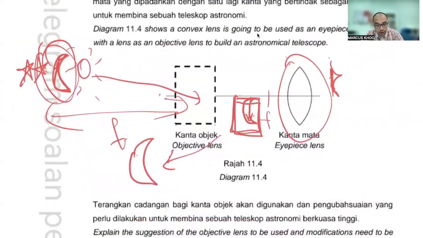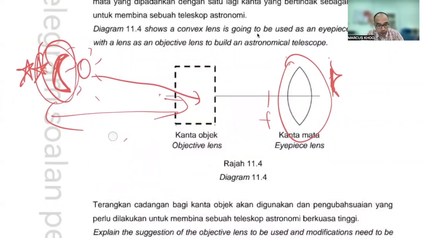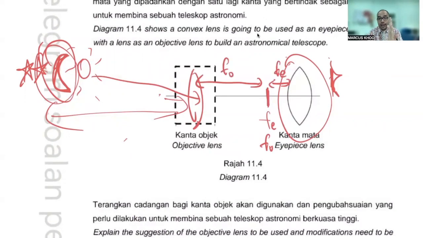So in the case of the drawing, I really hope you don't have to draw, but if this is the focal length of the eyepiece lens, this is also the focal length of the objective lens. Let's say the objective lens here, right? This is the focal length of the objective lens. This is the focal length of the eyepiece lens. And the overlap must be there.